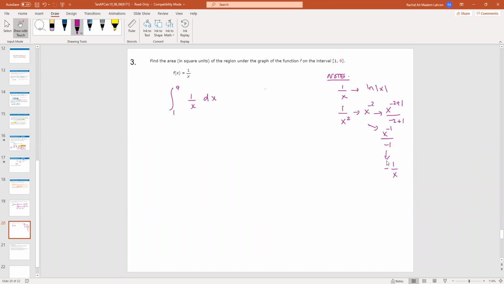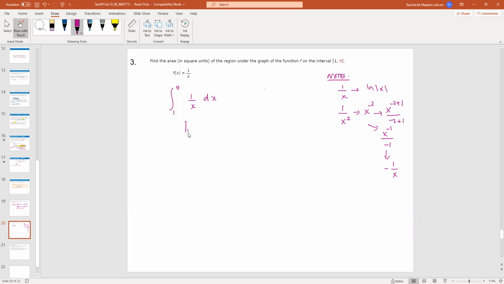So keep this in mind. When you have these powers, you're using the power rule, but when you have 1 over x, you're not using the power rule, you're using the natural log, because that's its derivative.